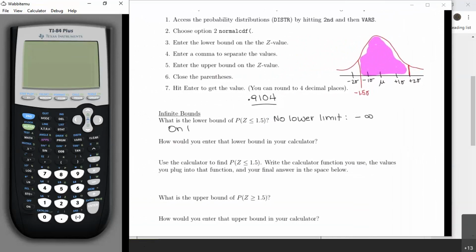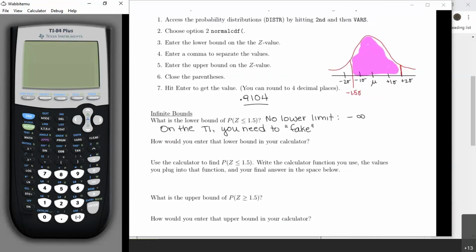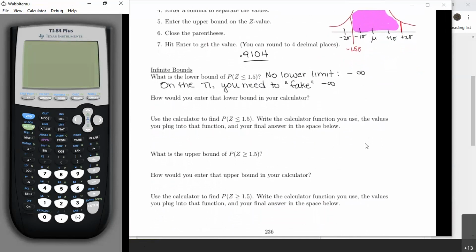On the TI, you need to fake negative infinity because there's no negative infinity key. So basically you have to pick a really negative number. Here's the really negative number, negative 1e99. So that's a negative 1 and 99 zeros.